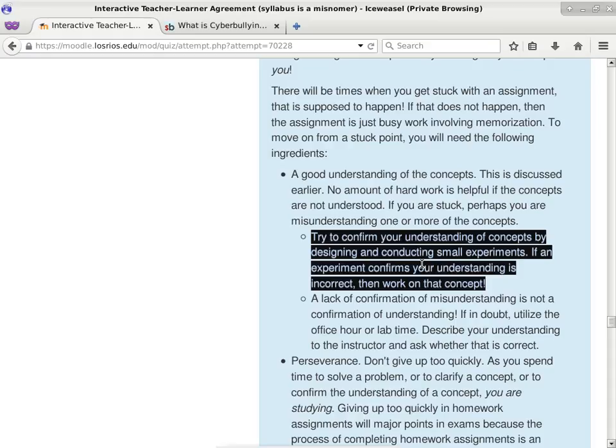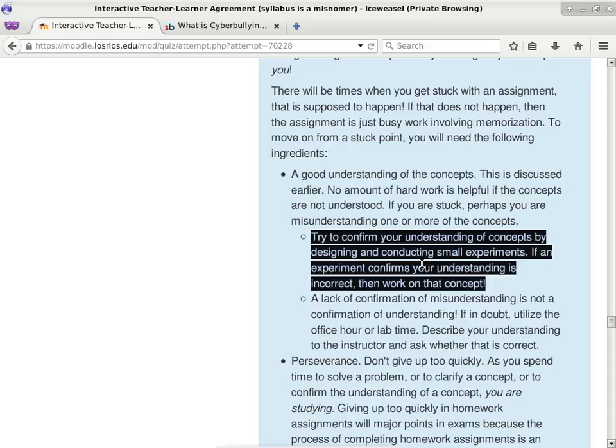So in this class, there will be cases like, this is a particular addressing mode for an operand. I think this is how it works. But how do you confirm your understanding is correct? You design a small experiment. You say, if my understanding is correct, this program should behave this way. But if my understanding is incorrect, you have alternate hypotheses, and if they were right, it will give you a different outcome.